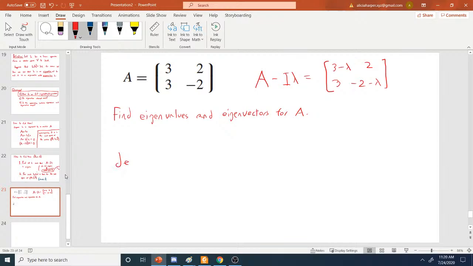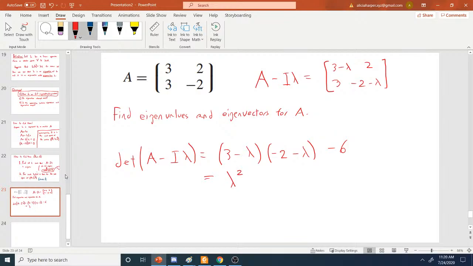And then I compute the determinant of A minus I lambda. And this is going to be the same thing as 3 minus lambda times negative 2 minus lambda, and then minus 6. And so now I can simplify this a little bit.